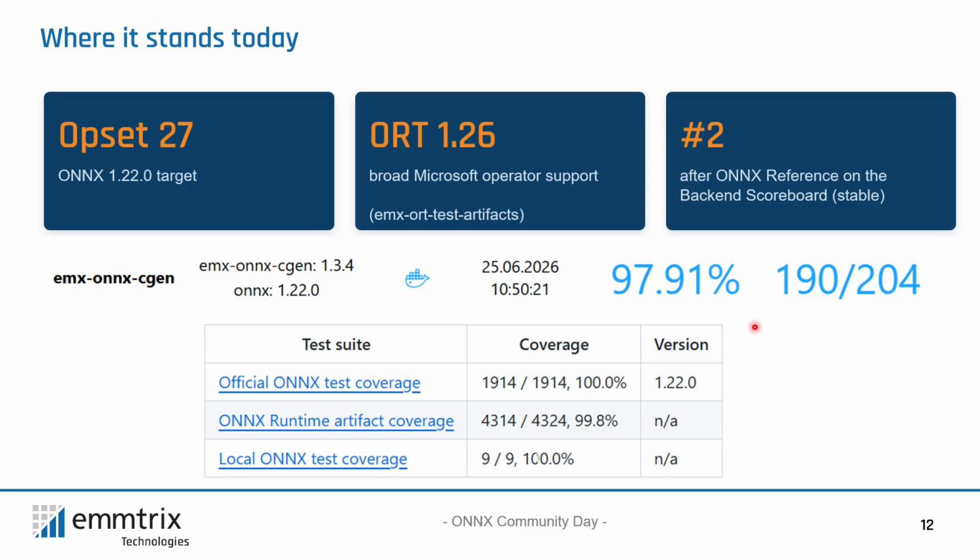The gap of 2% is the missing data that we need for specific test cases that we support, like shapes and constraints and so on. In our internal test suite, we achieve 100% test coverage for ONNX and a very good test coverage for the ORT.